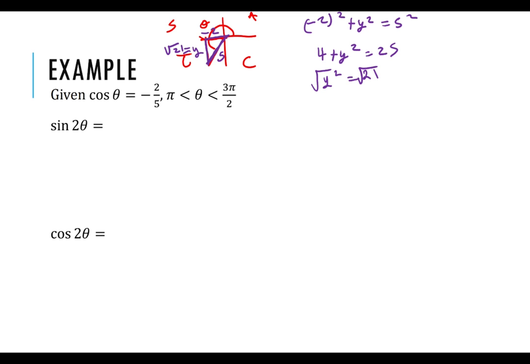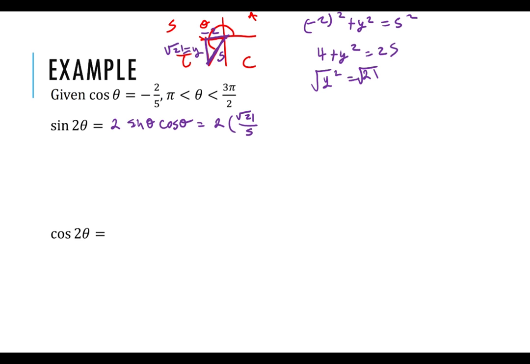Alright, then I know that sine of 2 theta is really going to be 2 sine theta cosine theta. So that's going to be 2 times, well, what's sine of theta? Sine of theta is very specifically going to be root 21 over 5.